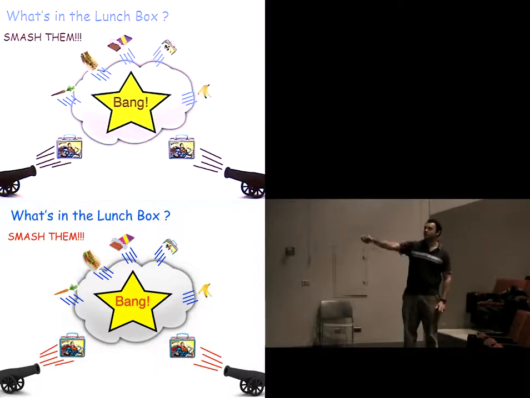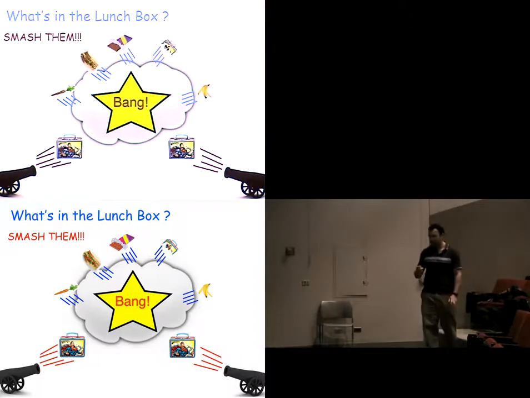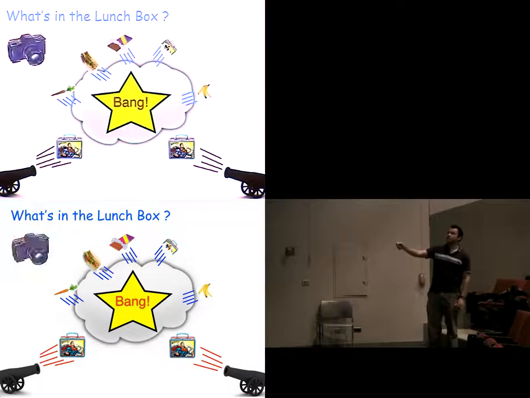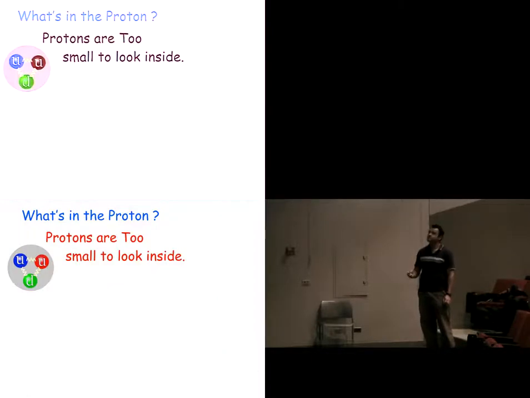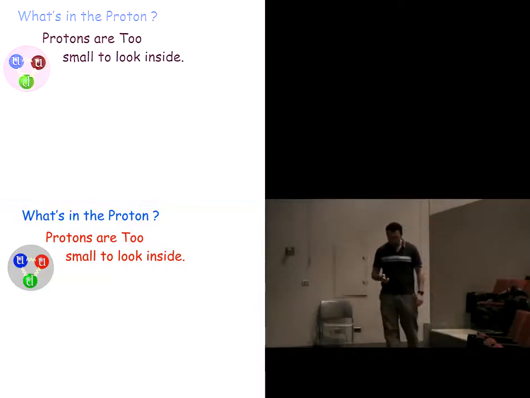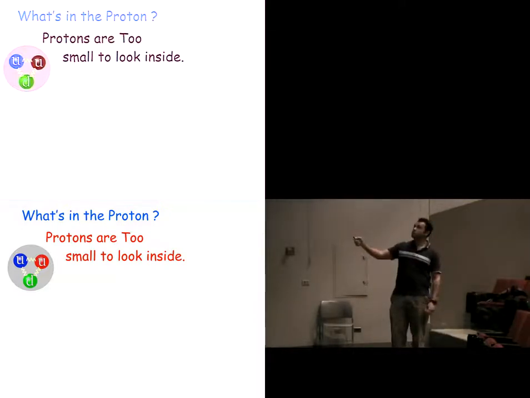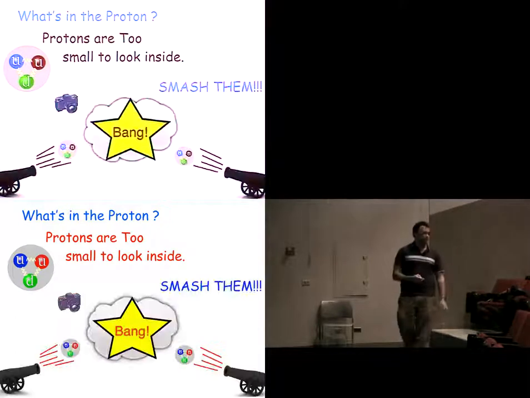The problem here is, in order to break the lunchbox, these cannons have to be very powerful. So these lunchboxes hit each other at very high speeds, and this stuff comes flying out at high speeds. So we can't just look at it; we have to take a picture, and then we can study these pictures to see what came out. And so now, if we want to ask the question, what's inside of a proton? Protons are actually too small to just look inside, so we can't open them up and see what they're made of.